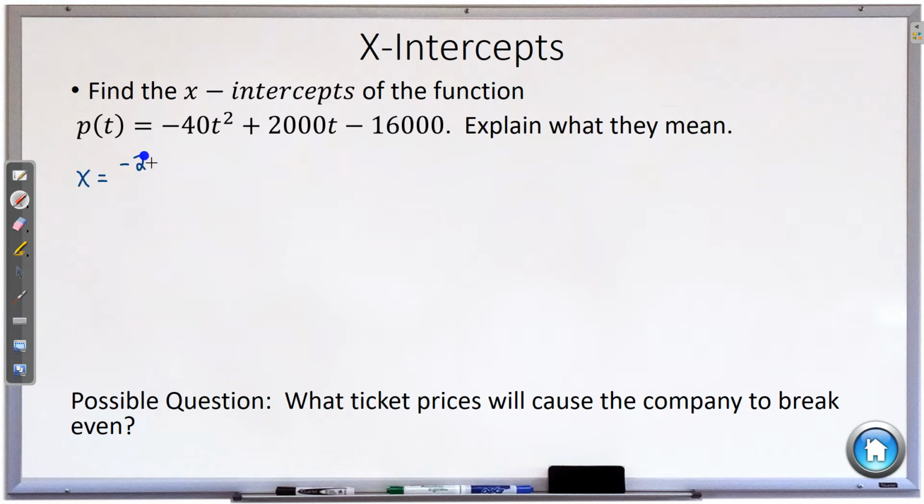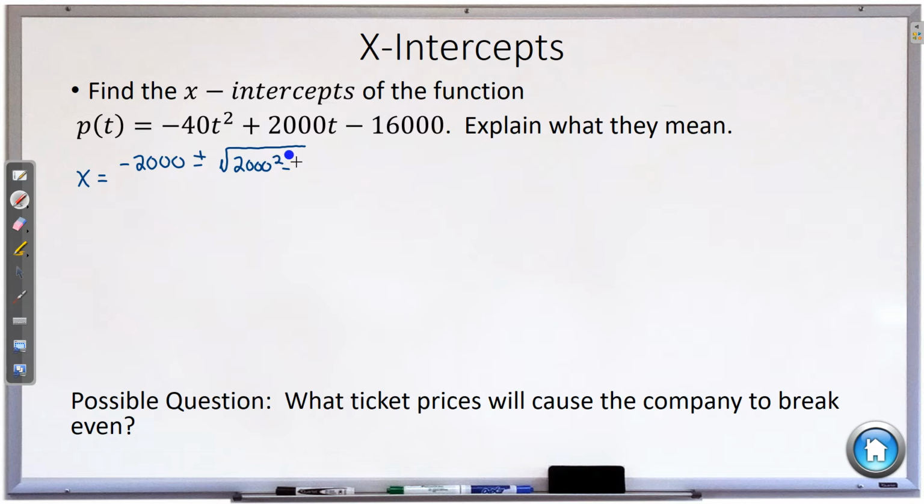Negative 2,000 plus or minus the square root of b squared, negative 40 squared minus 4 times a... oops, I did that wrong, didn't I? My bad. I said b squared, but I didn't write it correctly.